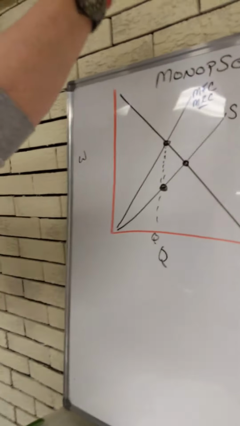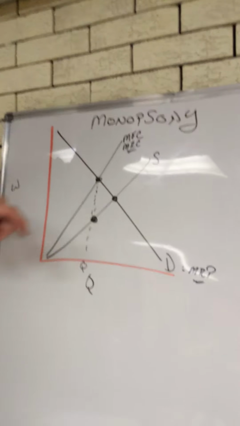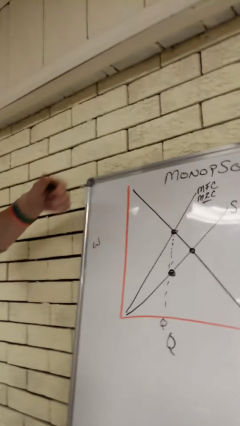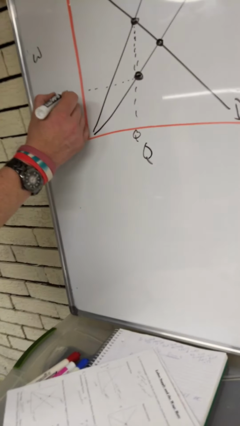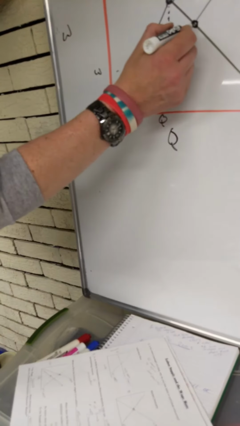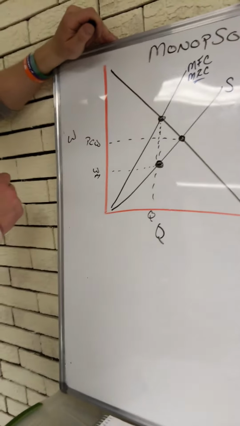So again, think about it. Monopoly, jack my price up as high as I can till I hit demand. Monopsony, drop my price of labor down as far as I can to here. And that's going to be my wage. Okay, so perfectly competitive labor market wage, right? Wage in a monopsony.